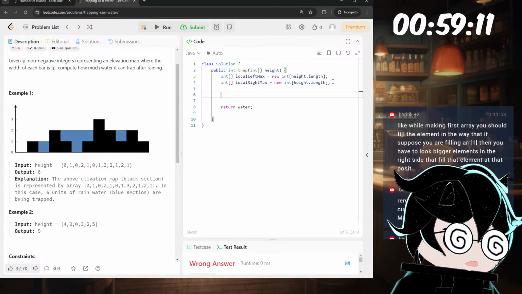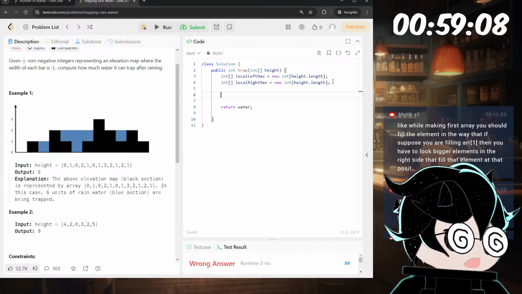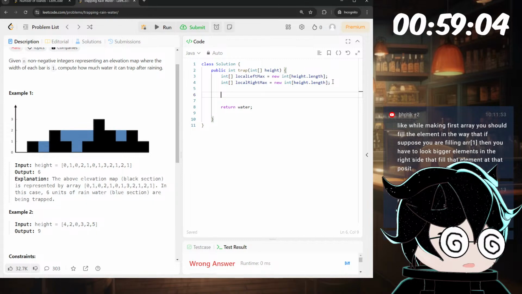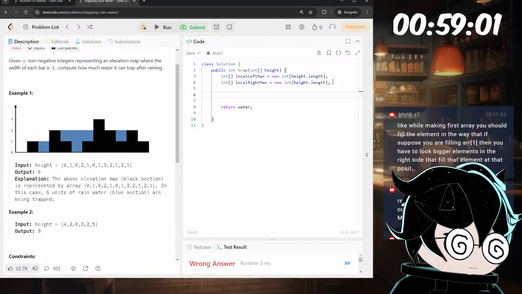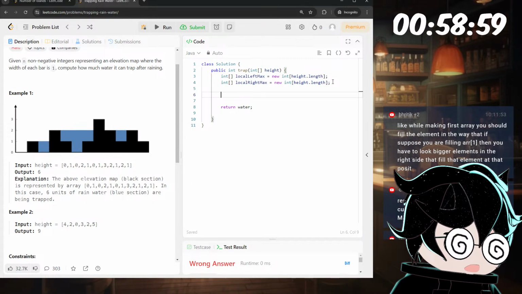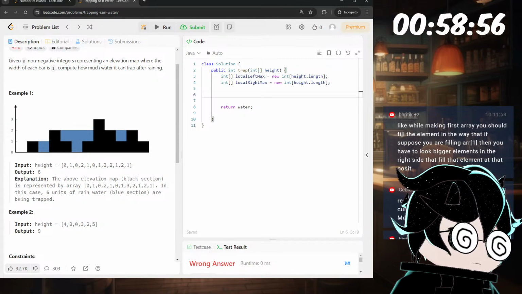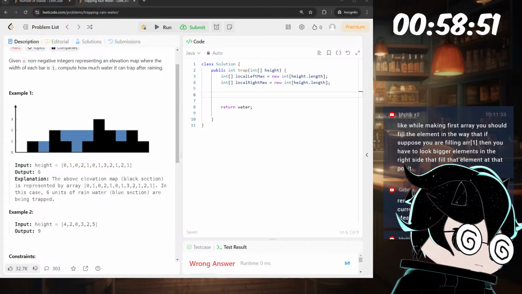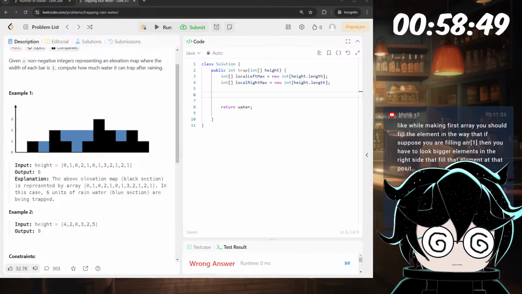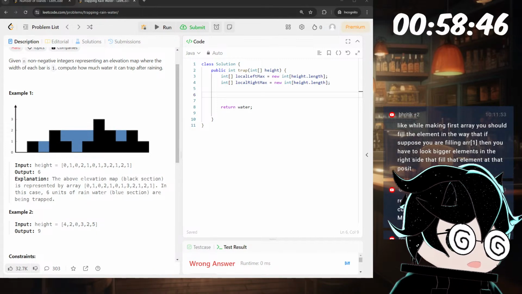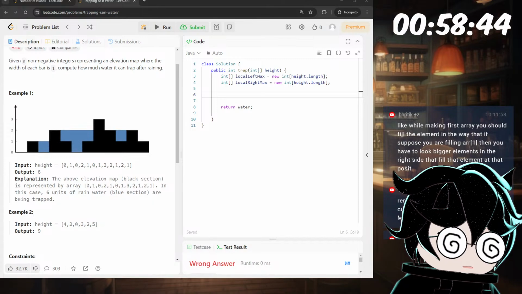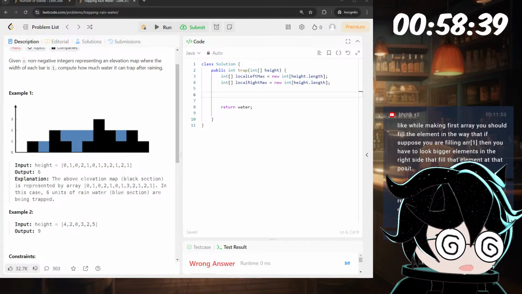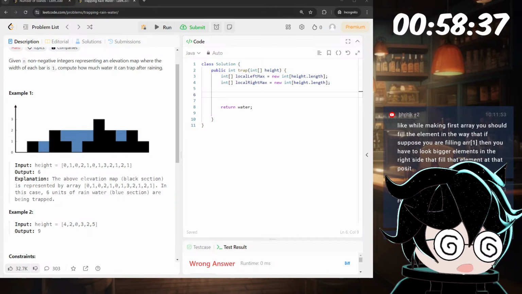Like while making the first array, you should fill the element in the way that if suppose you are filling array 1, then you have to look for bigger elements in the right side to fill that element at that position.